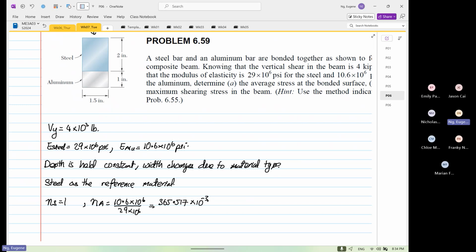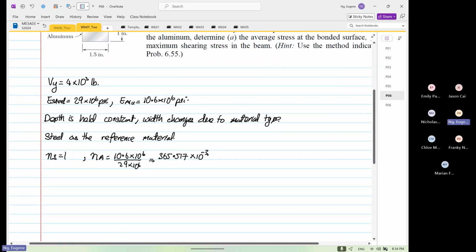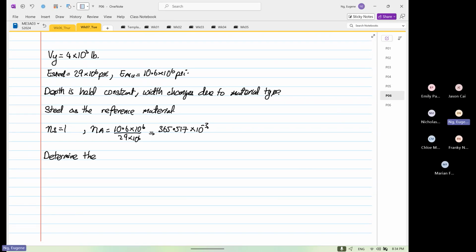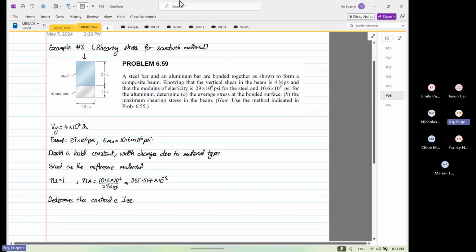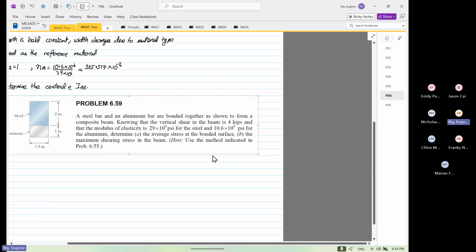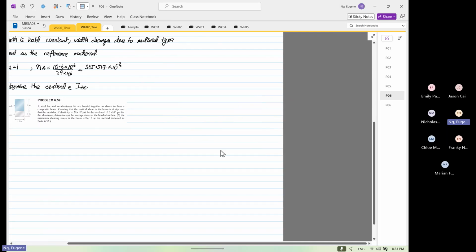From here, we have to determine the centroid and Izz. I will just take the image from here, so I don't need to flip around looking for the geometry.